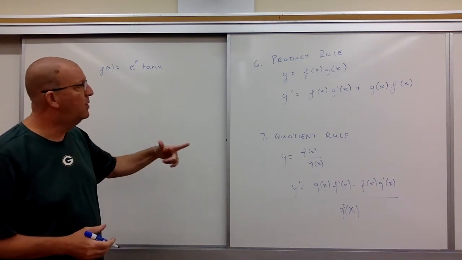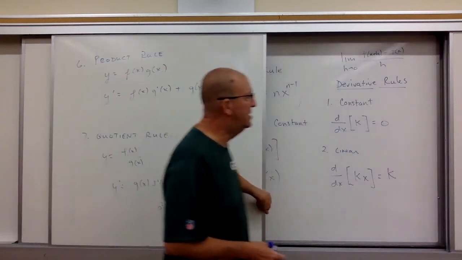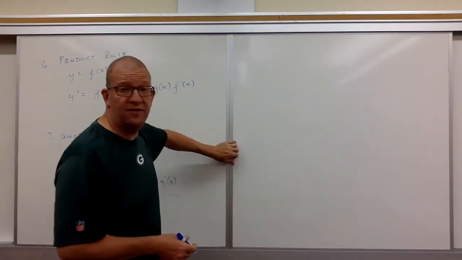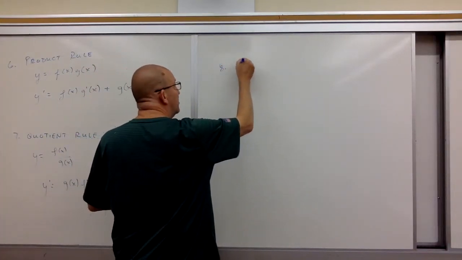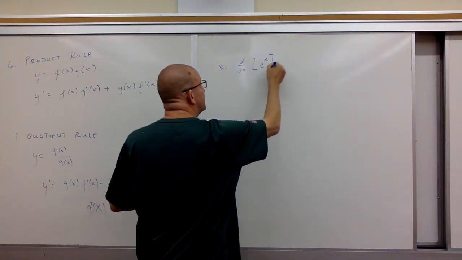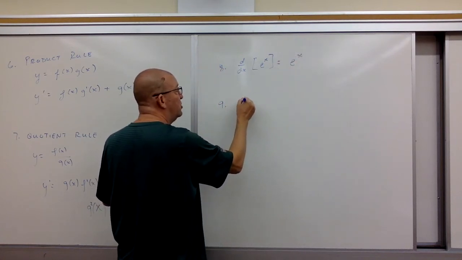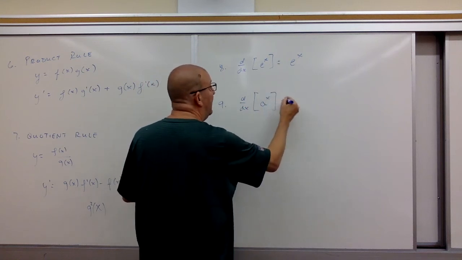In fact, why don't we go ahead and make that our 8th and 9th rule. Sorry, before we get to this example, let's go ahead and do number 8, the derivative with respect to x of e to the x is e to the x. And then number 9 now, the derivative with respect to x of a to the x.